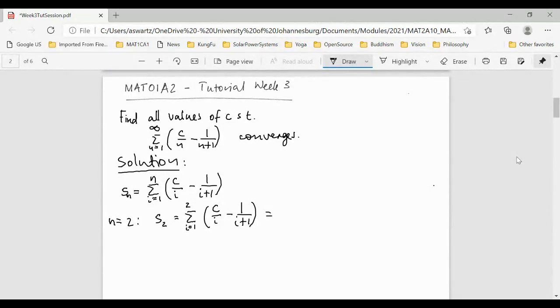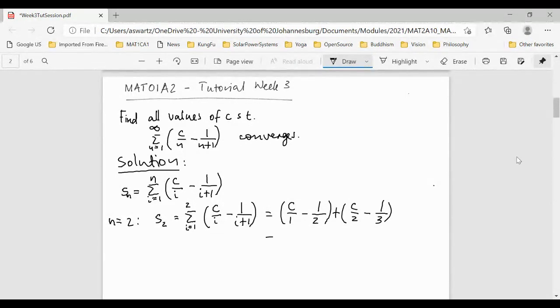And this is equal to, when i is 1, I get C divided by 1 minus 1 divided by 2, right? And then I need to add C divided by 2 minus 1 divided by 3.